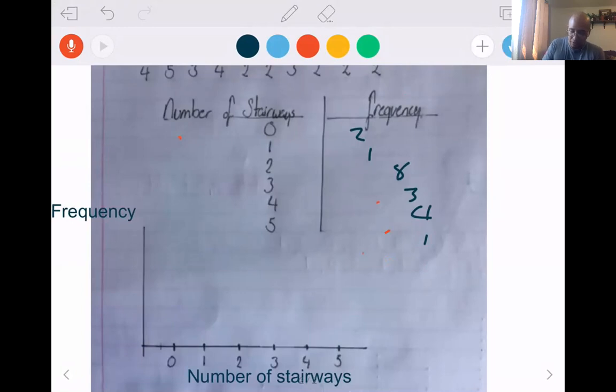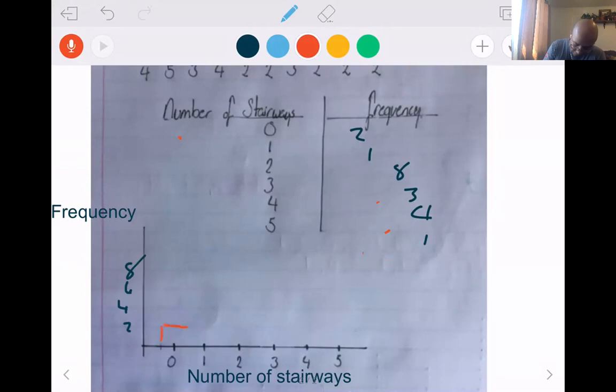And we're going to go by, let's go by ones. So, you know what? Let's go by twos: 2, 4, 6, and 8. Okay, so 0, there's nothing there. We had 2 people, so that's going to go up to 2.